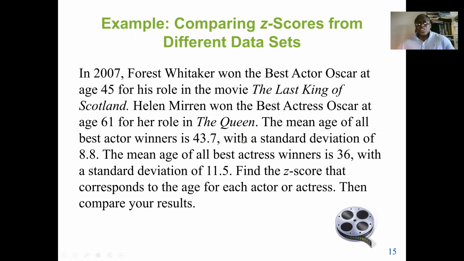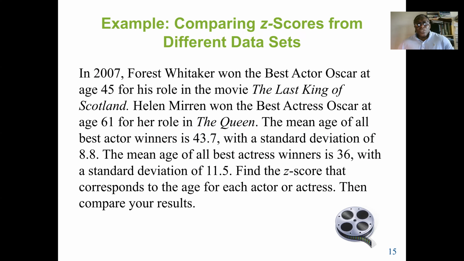So a question is given here. They say in 2007, Forest Whitaker won the Best Actor Oscar at age 45 for his role in the movie The Last King of Scotland. Now, Helen Mirren won the Best Actress Oscar at age 61 for her role in The Queen.